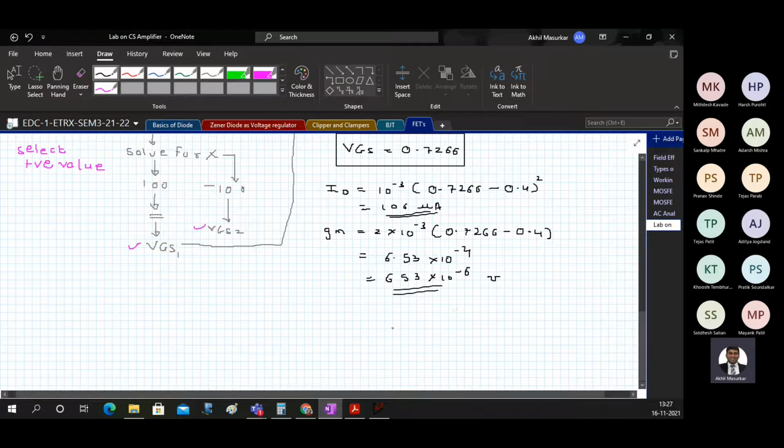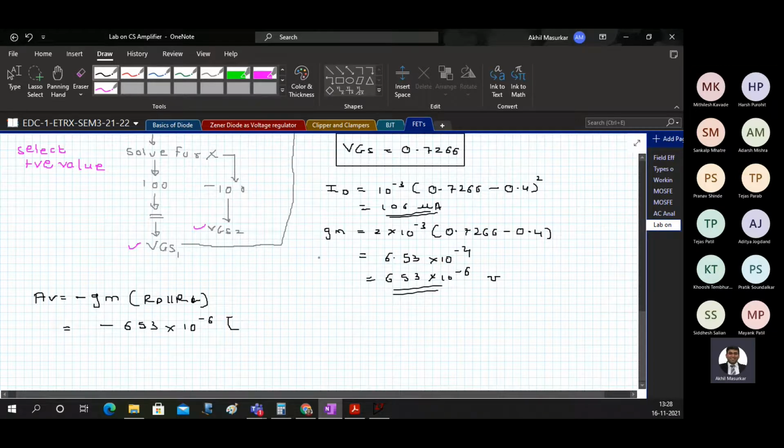Now comes the value of AV, which is minus GM times RD parallel to RL. So that will be minus 653 into 10 raised to minus 6 into RD.